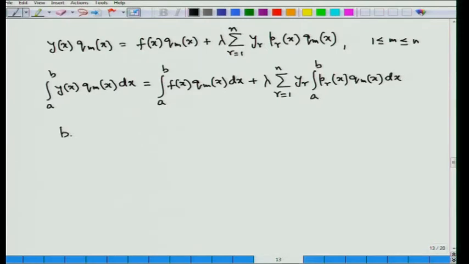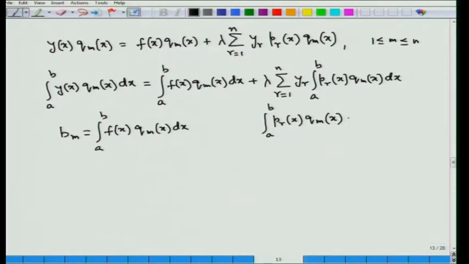If we denote by b_m the integral a to b f(x) q_m(x) dx, this is the definition of b_m, and the integral a to b p_r(x) q_m(x) dx is defined by alpha_mr.